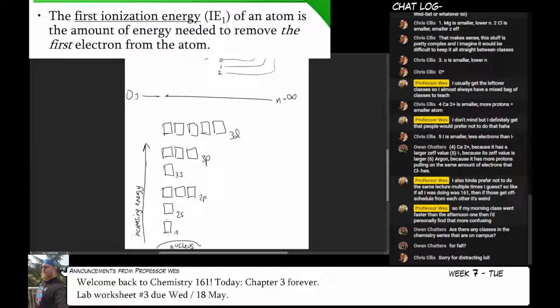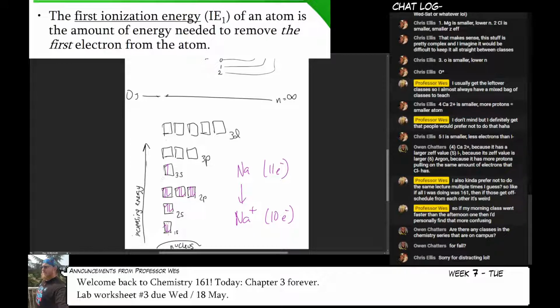So in our diagram, if I have my electrons in my orbitals, so we'll just draw a bunch in here. Let's suppose that we're looking at sodium. Here's what sodium would look like. If I want to ionize sodium, which means that I want to do this to it, I need to remove an electron. That's going to require me to input energy into it, right?